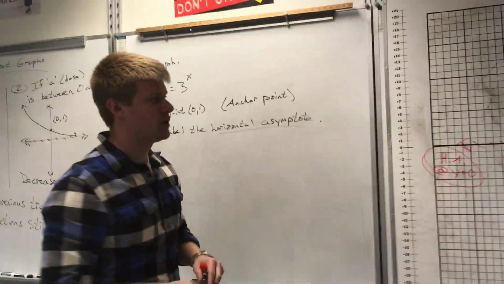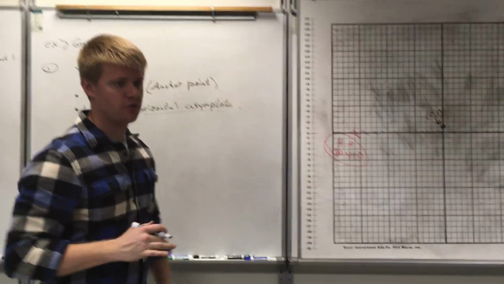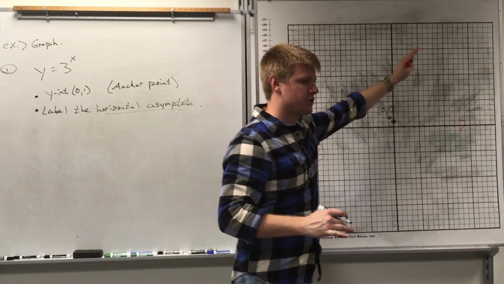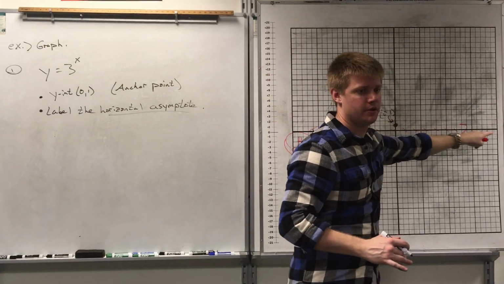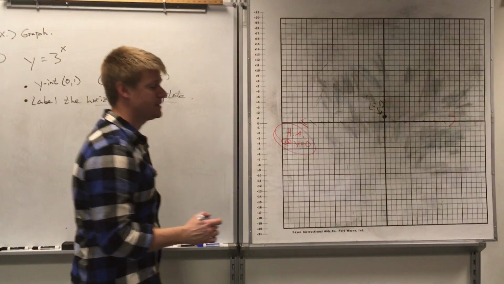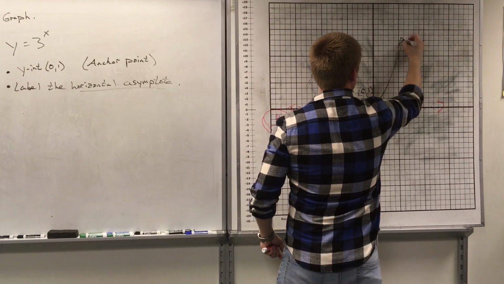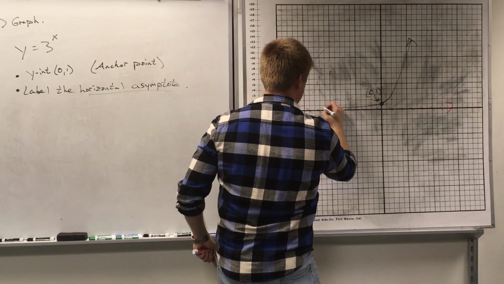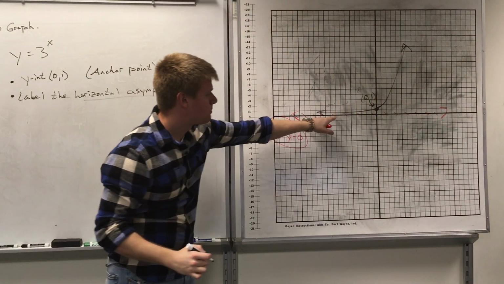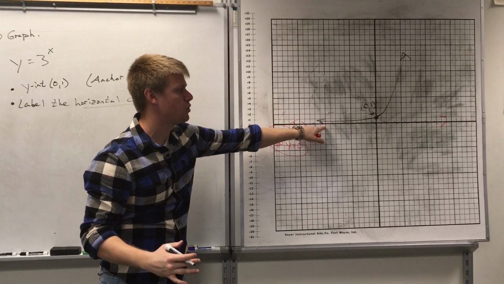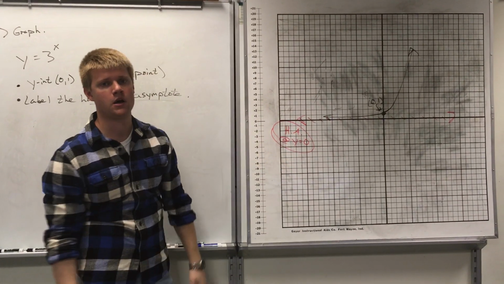So to finish off this graph, all I want you to keep in mind is what's the general shape. Does it run uphill to the right? Does it run downhill to the right? And this one, because of what the base is, this one is going to run uphill to the right, and once again, as you go to the side, it is going to approach that horizontal asymptote but never hit it or go below it.